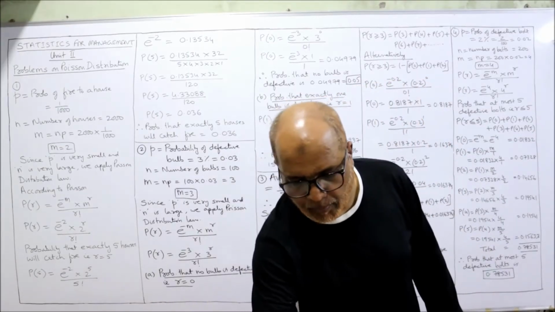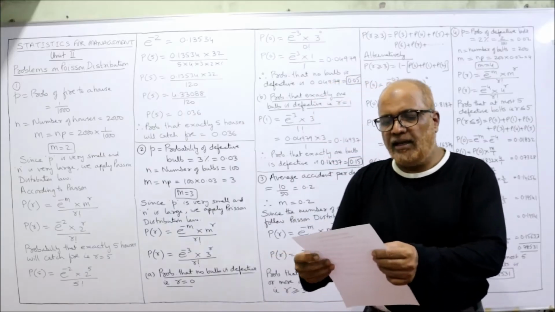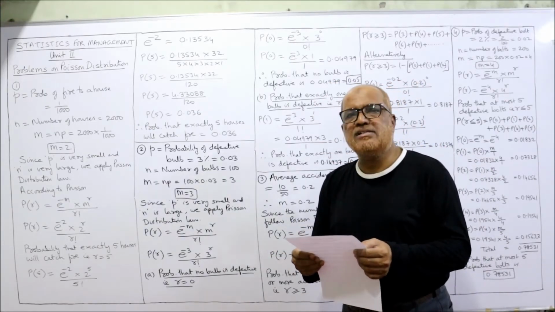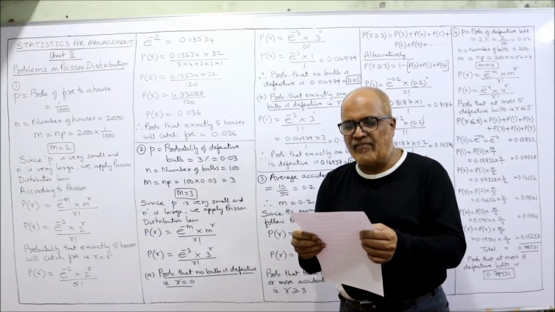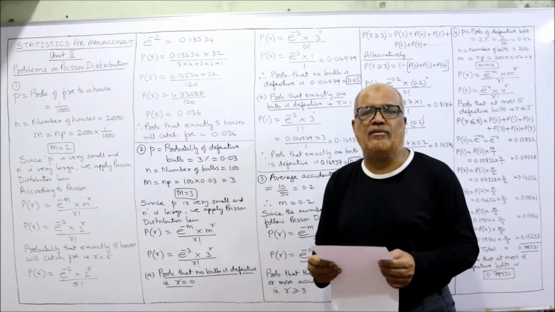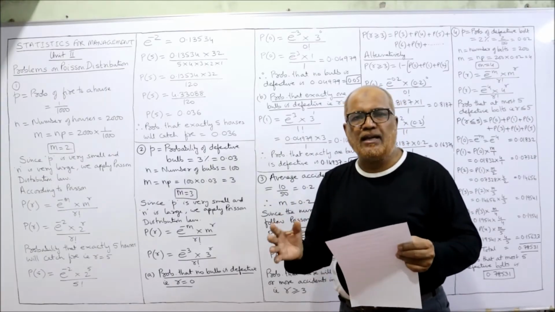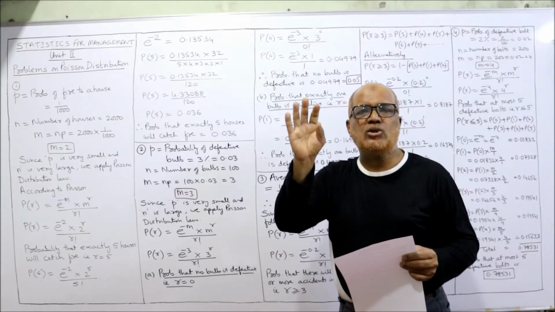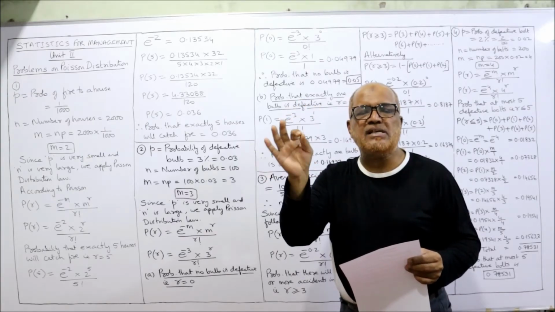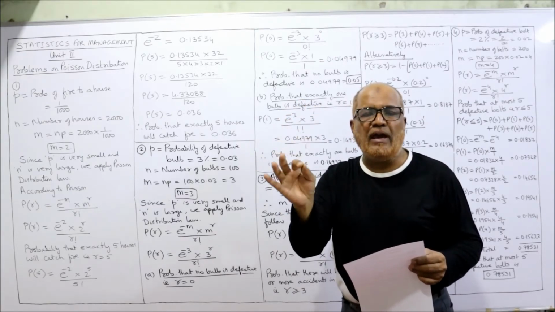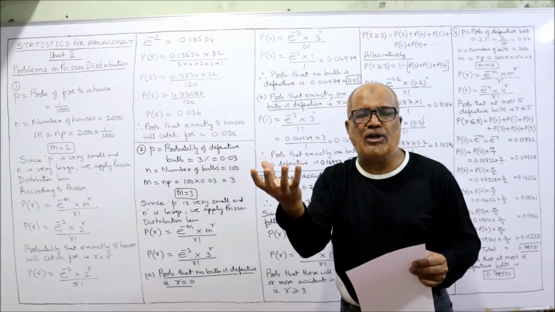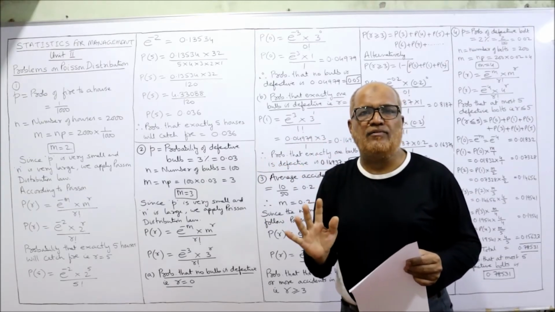Now see the second problem. It is given that 3% of electric bulbs manufactured by a company are defective. So the data given, 3% of the electric bulbs, means out of every 100 bulbs manufactured, 3 bulbs are defective.